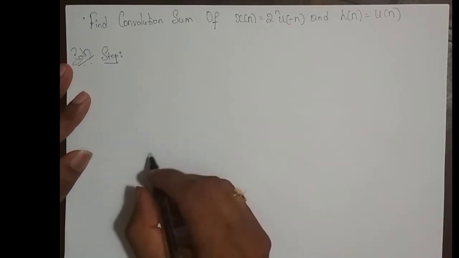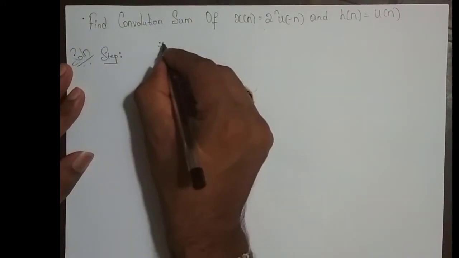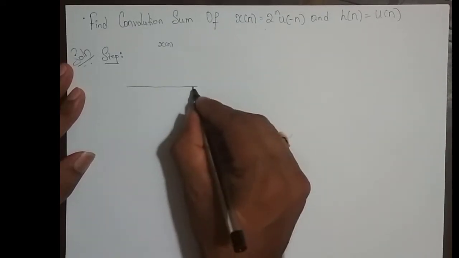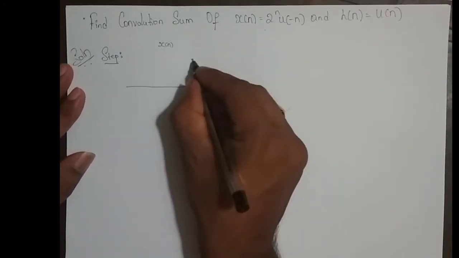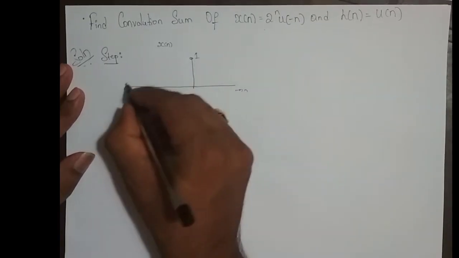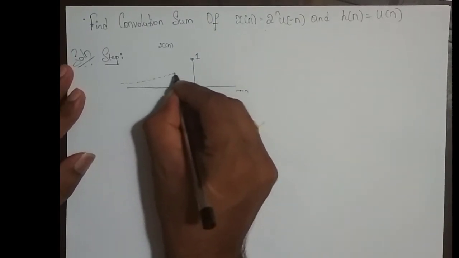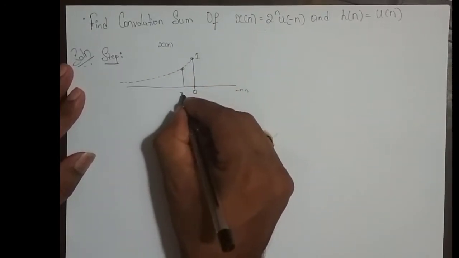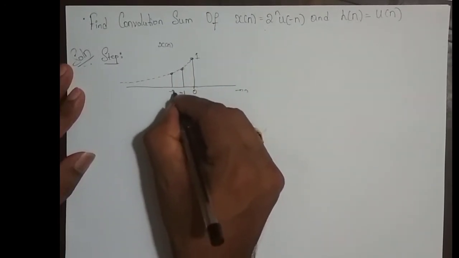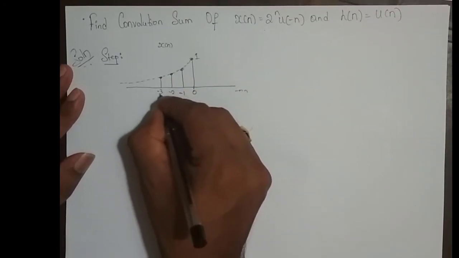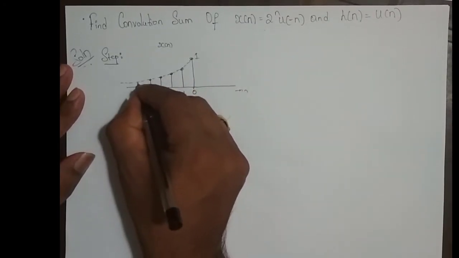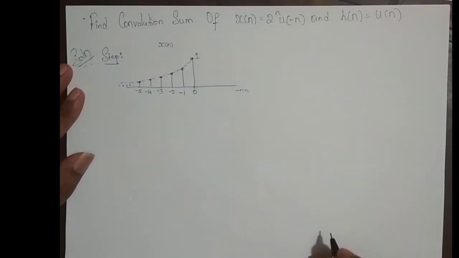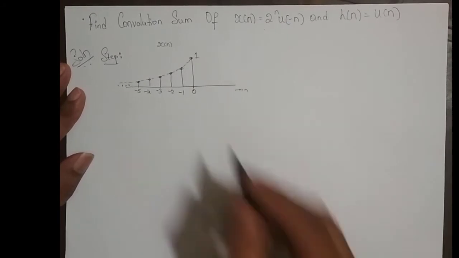X of n is like this, right? It is 1 at n equals 0, and it is exponentially increasing from minus infinity. This is 0, this is minus 1, minus 2, minus 3, minus 4, minus 5. It goes on. Fine. Which is 2 power n u of minus n.